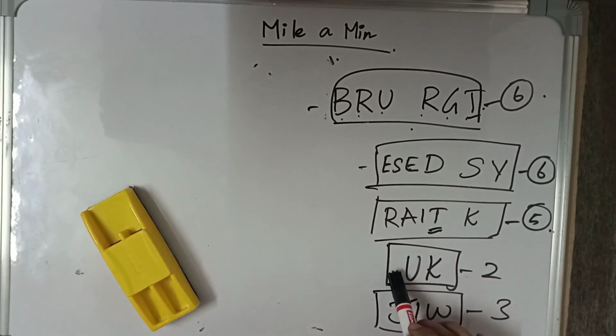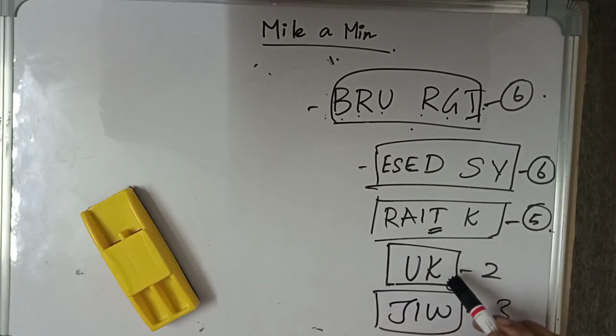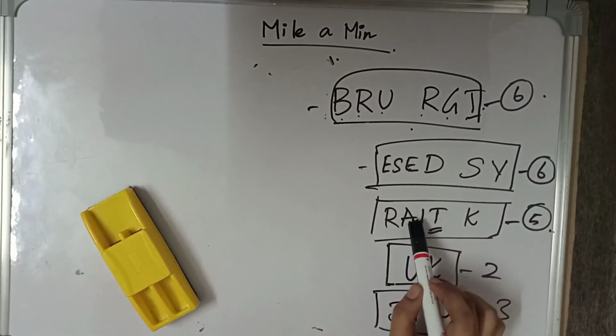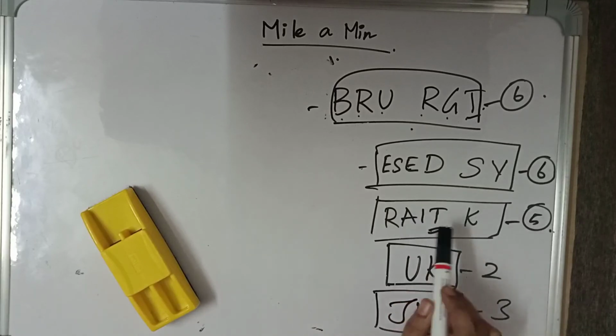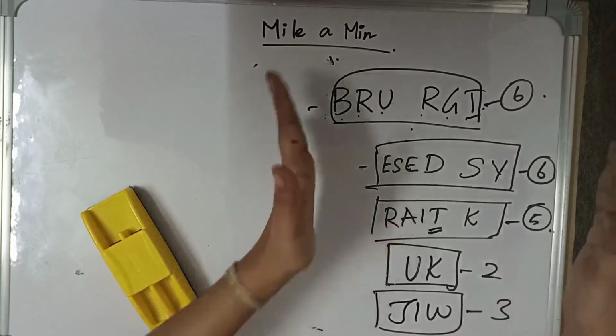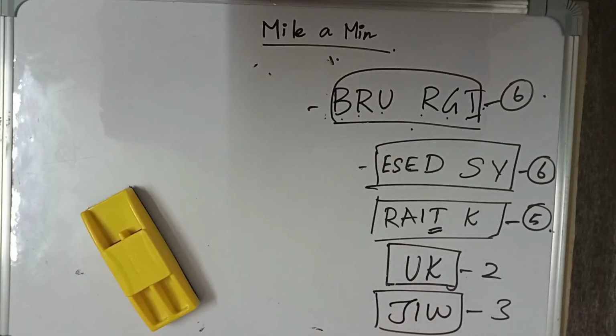Here it is Aral Sea: Uzbekistan and Kazakhstan. Here you should note both Caspian Sea as well as the Aral Sea share border with Kazakhstan. Then the last one is Dead Sea. Dead Sea shares border with Jordan, Israel and West Bank. Caspian Sea shares border with Iran, whereas Dead Sea shares border with Israel. You should note these things so that you can easily remember it for your exams.